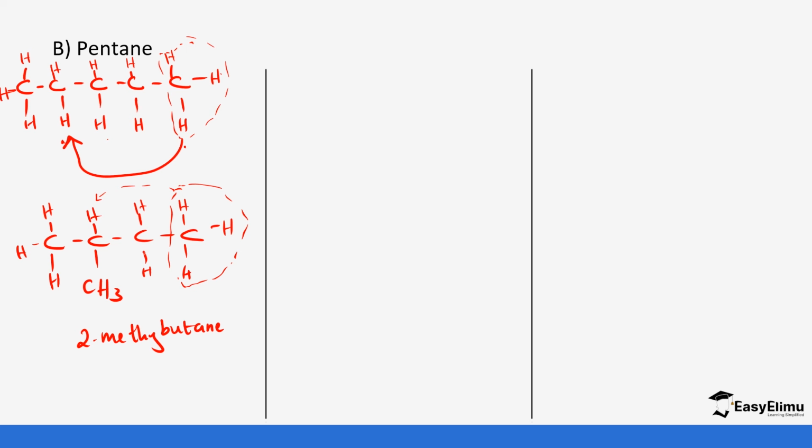As you can see, you can't move it to this carbon or this other end carbon because it's going to be repeating itself. So this new isomer will have three carbons, the initial CH3 that we added and the new CH3 that we are putting. You remember we are not going to put any CH3 in these terminal carbons because we are going to repeat ourselves, since it will still be in the longest chain.